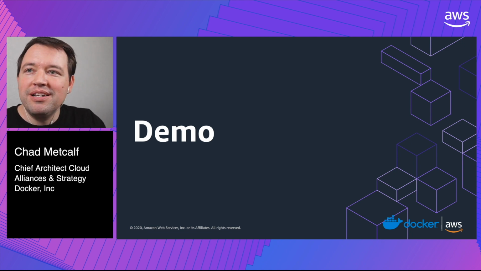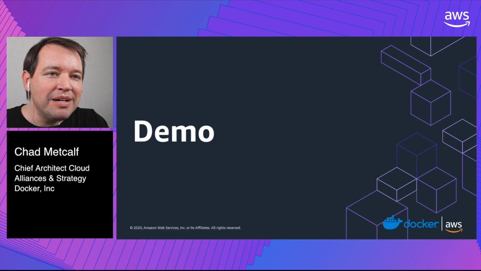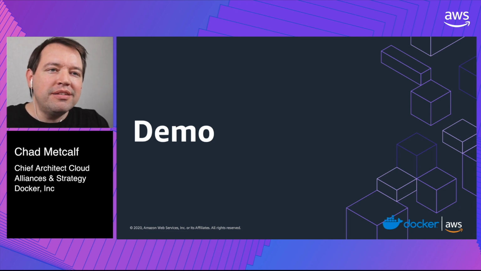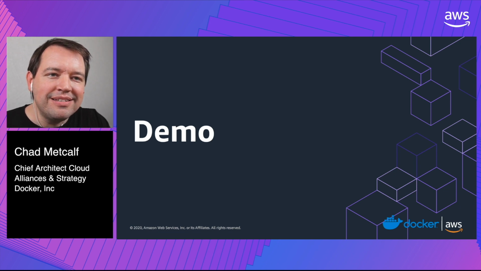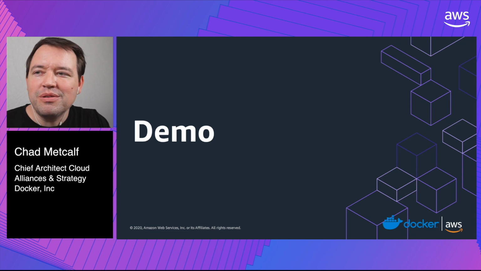So I'm really excited about being able to show you the power of attaching the simplicity of Docker with the power of Amazon ECS and the rest of the Amazon services. So let's go to the demo.